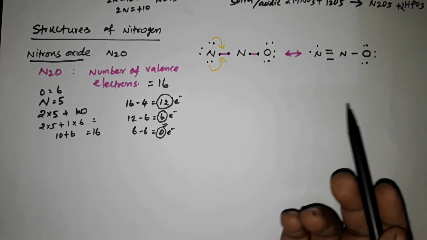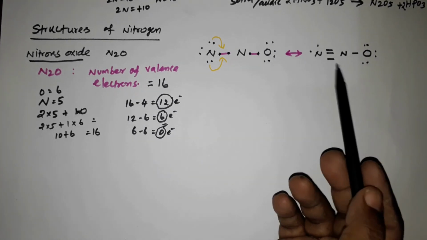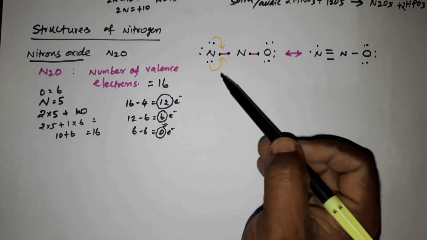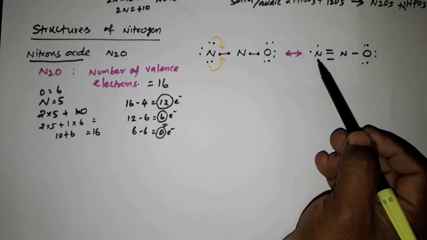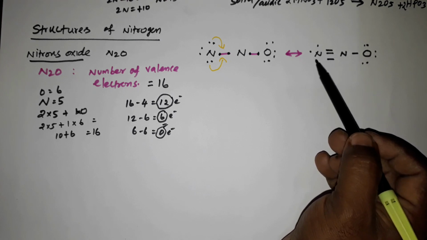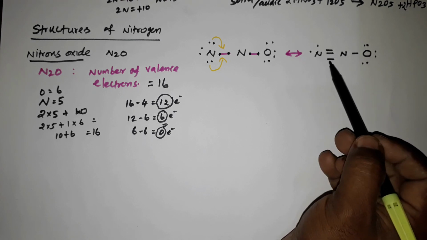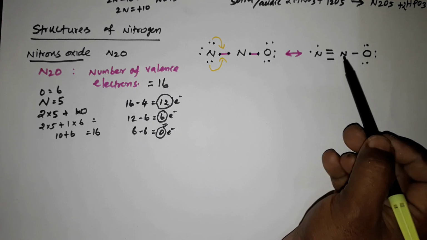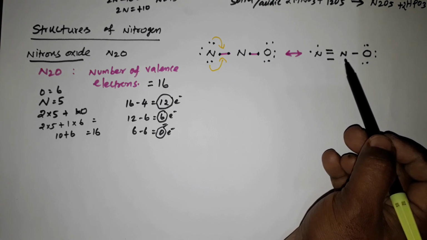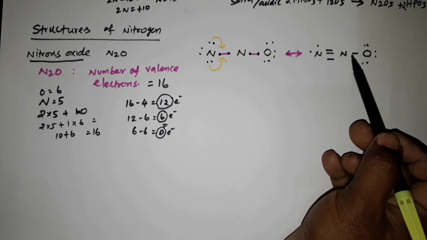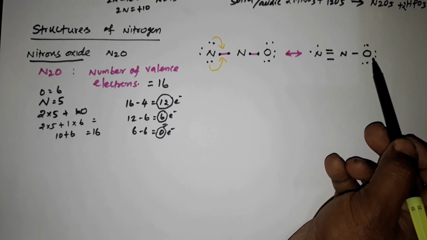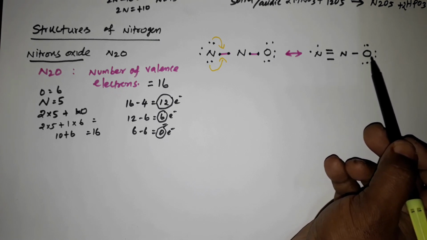Clear? Now you check that Lewis structure. For this nitrogen, 8 electrons are completed. See, octet is completed. Each bond has 2 electrons. So 6 plus 2, 8 electrons. This middle atom, nitrogen, 8 electrons completed. You see, here 6, here 2, 8 completed. Oxygen also 8 completed. Okay.